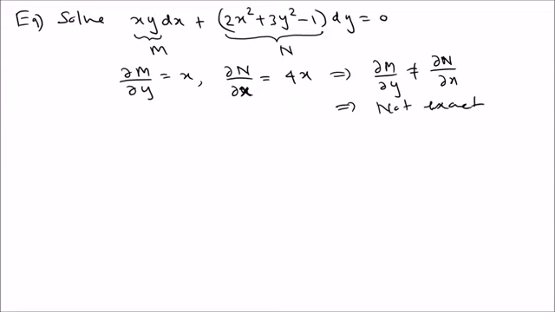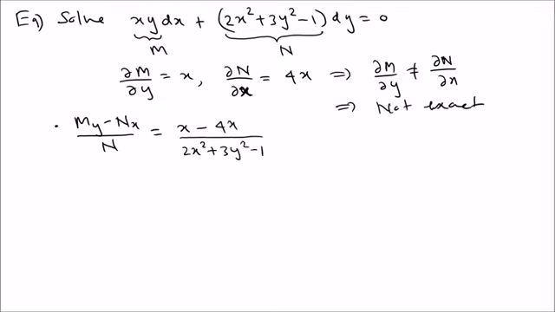So we're going to see which one will work. Let's calculate (My minus Nx) over N first. What is My? The derivative of M with respect to y, which is x, minus the x derivative of N, which is 4x, divided by N. N means 2x squared plus 3y squared minus 1.